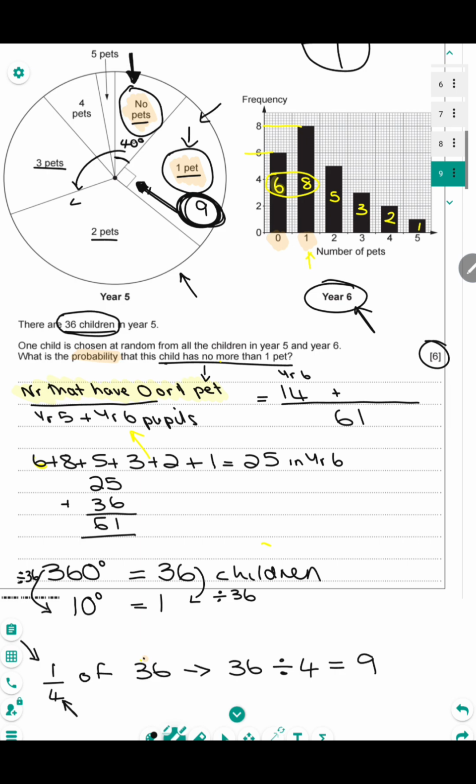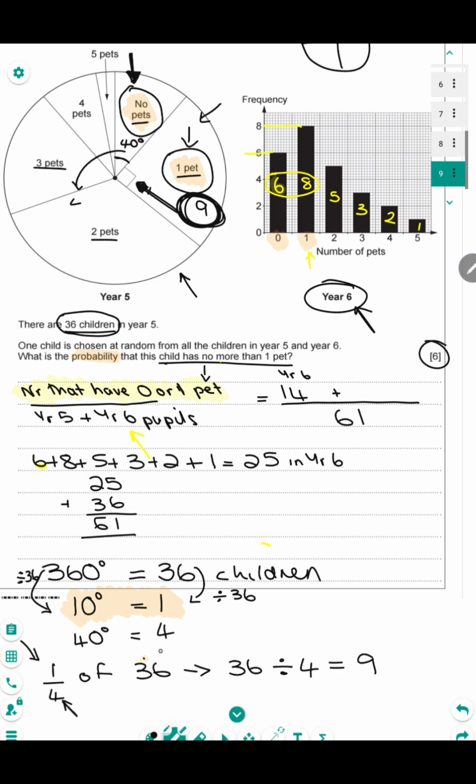Well, if 10 degrees is the representation for one child, what would 40 degrees be for? Well, it's 4 lots of it. So 40 degrees would be 4 children.